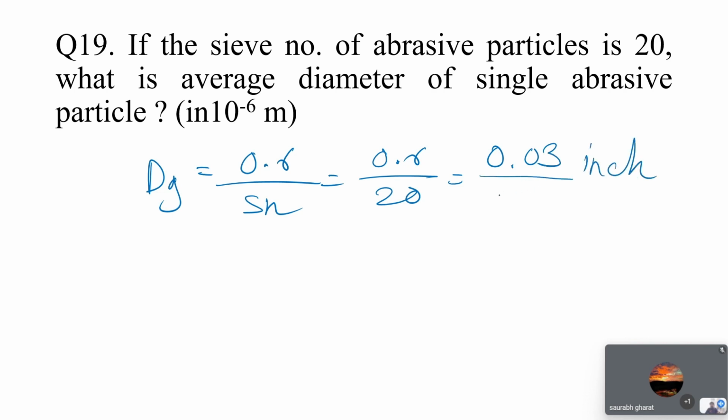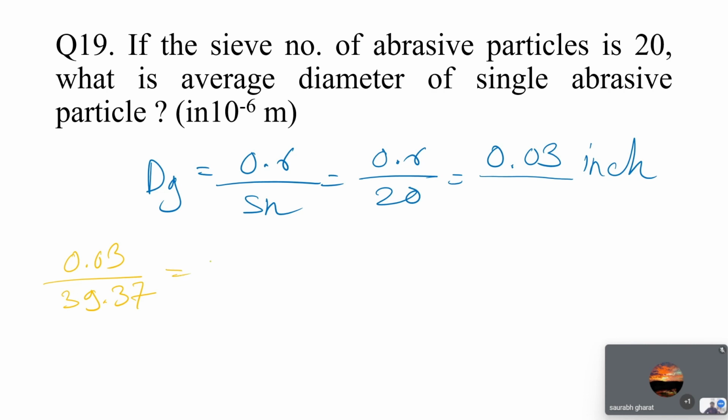So we convert it into meters: 0.03 divided by 39.37.